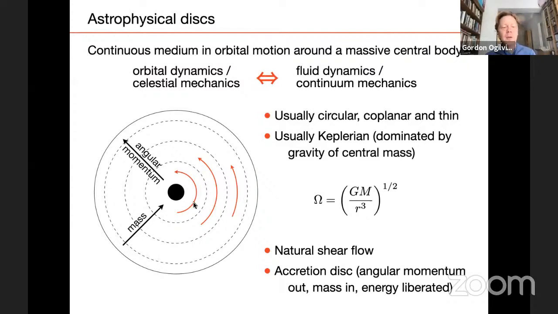And if angular momentum is removed from the inner parts, then they can spiral slowly inwards towards the central object to be accreted by it. And as mass falls into the gravitational potential well, it liberates energy, making the disk hot and luminous. And indeed, some of the most luminous objects in the universe, such as active galaxies and quasars, are powered by this mechanism.